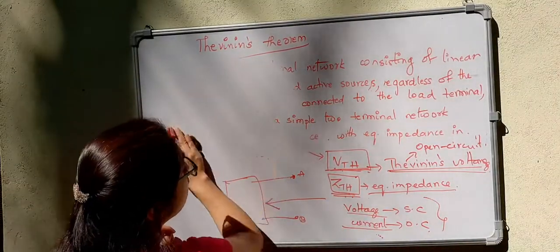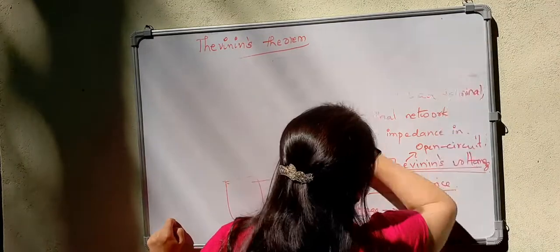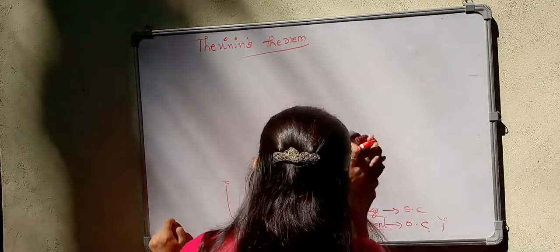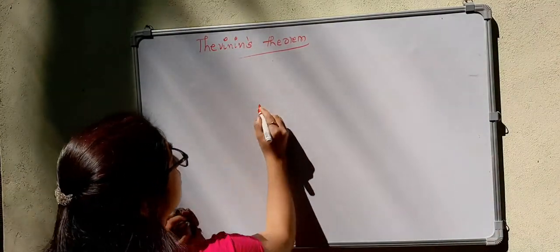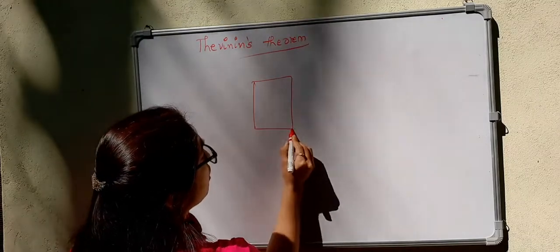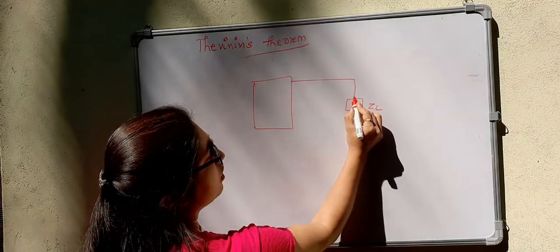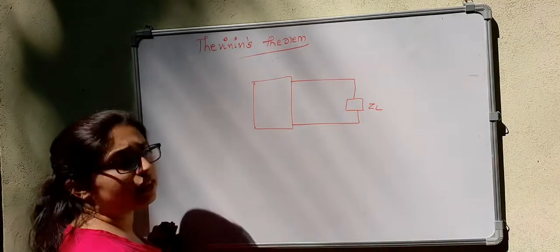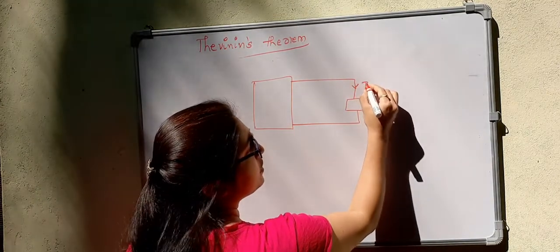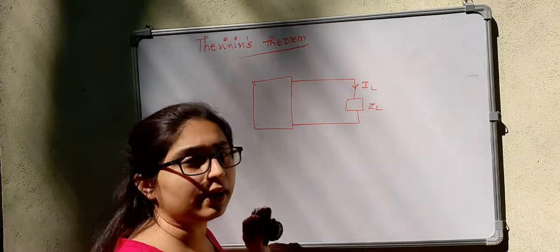So if I have a network like this, this is our network. Here we have a ZL, that is the load impedance connected like this. This is the current which is flowing through the load, that is IL.